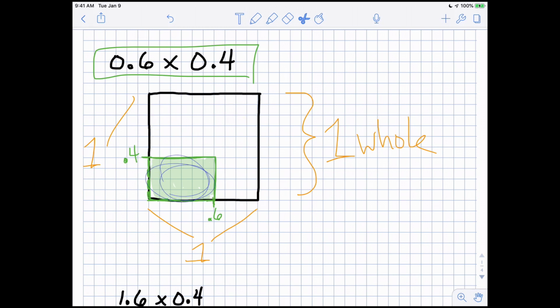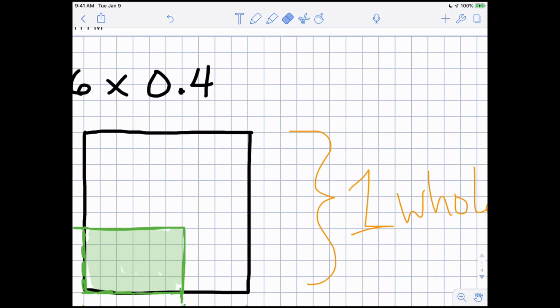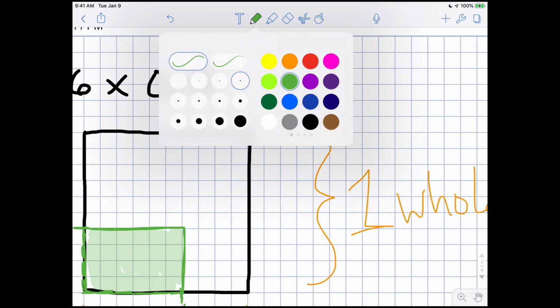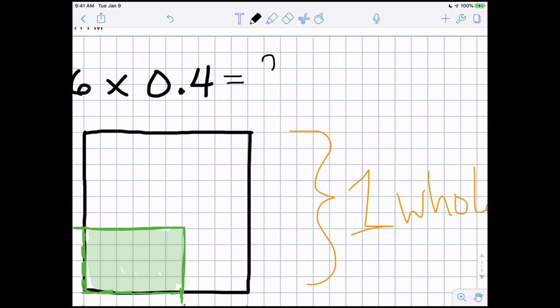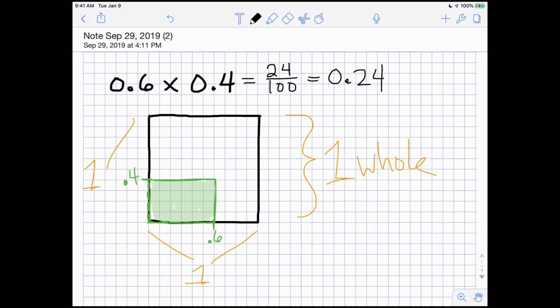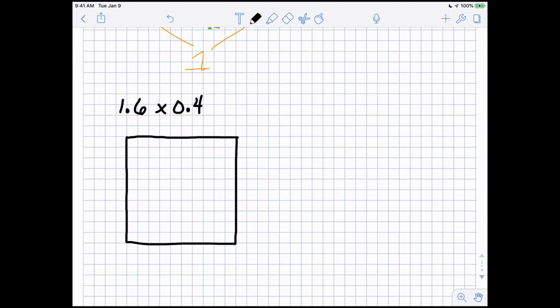So we have 24 little squares out of 100 total. So I'm going to erase this and say that equals 24 out of 100, which is 0.24. All right. So now that's a picture.